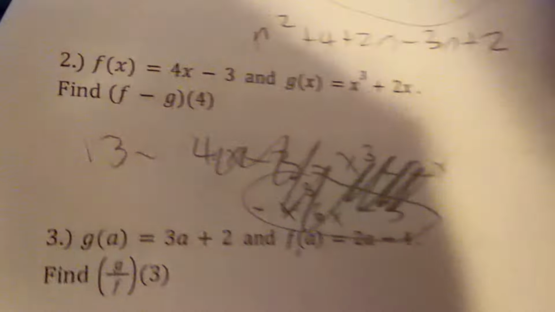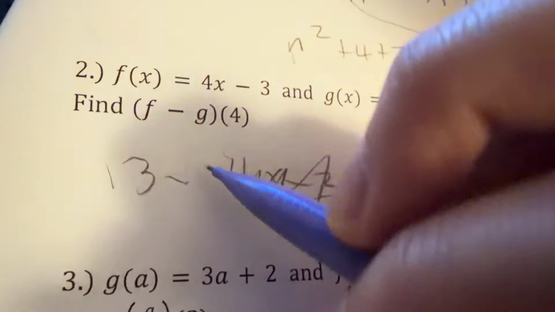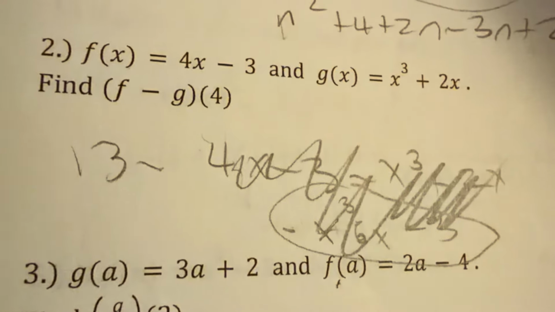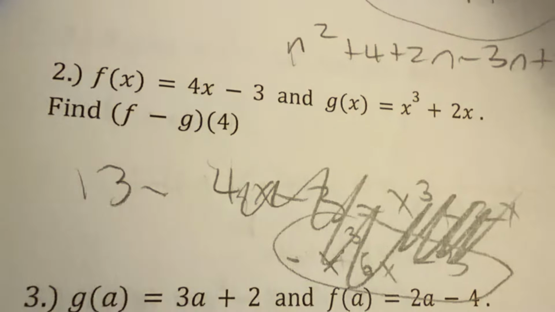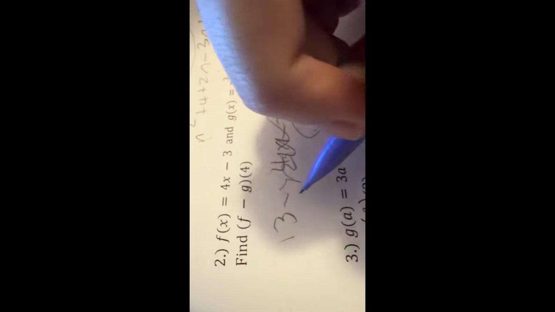So then that's 64 plus 8, which is 72. 13 minus 72 is negative 59.